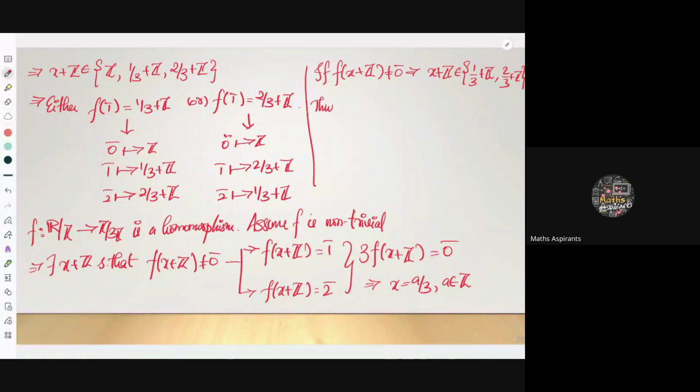Thus, you can write 1 by 3 as 1 by 4 plus 1 over 12. Making sense? And you can write 2 by 3 as half plus 1/6. Right. So we have these two possibilities.